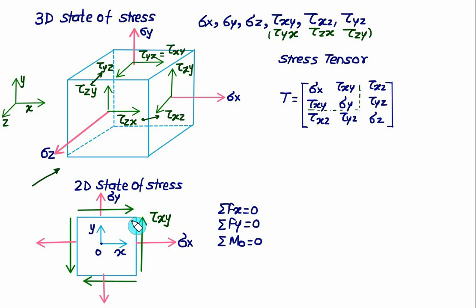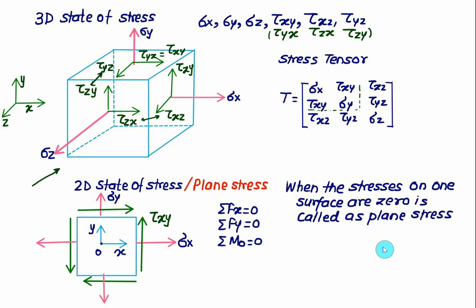This 2-dimensional state of stress is also called plane stress. When you consider the stress on one surface equal to 0, it is called plane stress. This time I have taken the value of sigma z equal to 0, as well as tau zx, which is the same as tau xz, equal to 0, and tau zy, which is the same as tau yz, equal to 0.